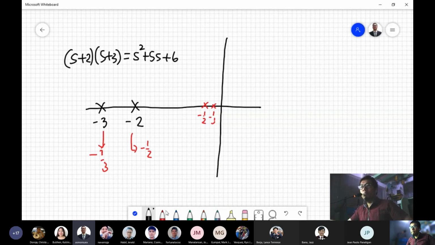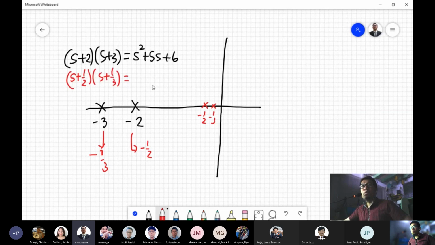Pero pag tinignan natin itong polynomial na panggagalingan ng mga roots na to, that should be coming from s plus 1/2 at saka s plus 1/3.